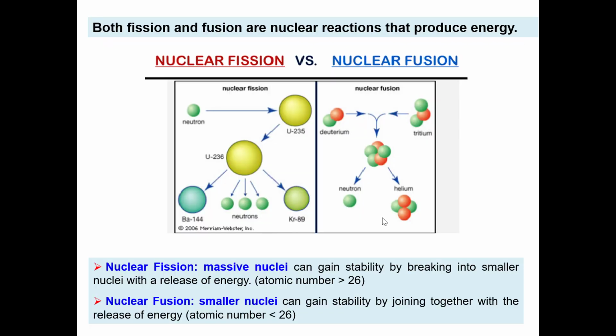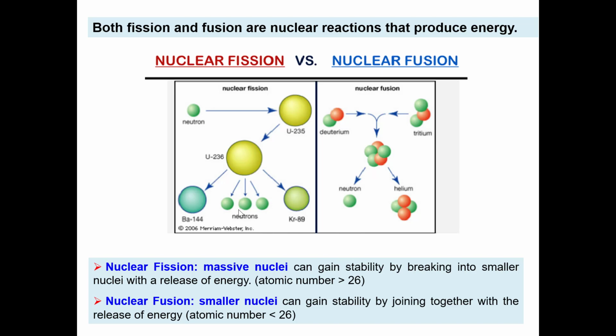Now we are going to discuss two more kinds of nuclear reactions that produce energy. These are fission and fusion. Nuclear fission occurs in massive nuclei, which can gain stability by breaking into smaller nuclei with a release of energy.